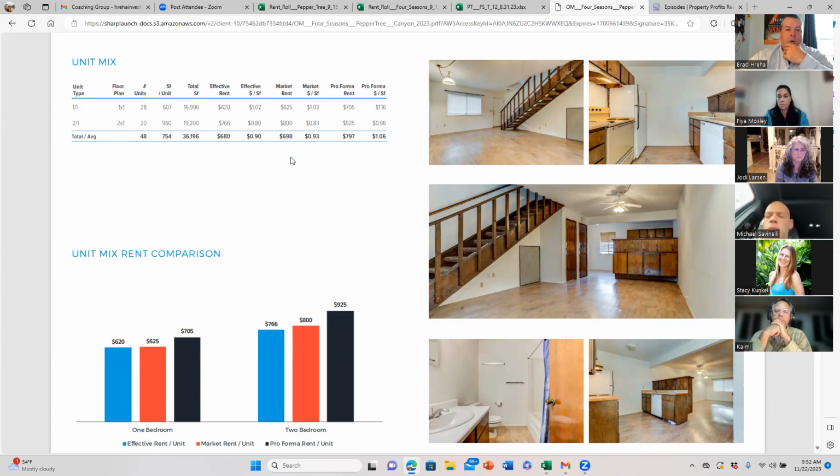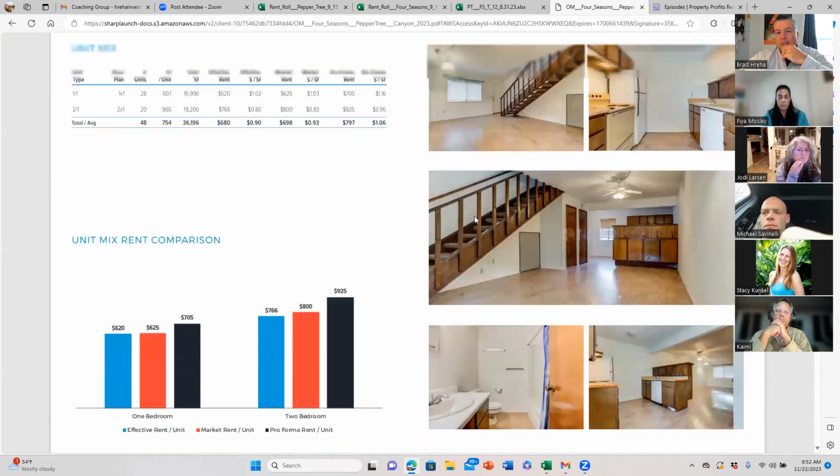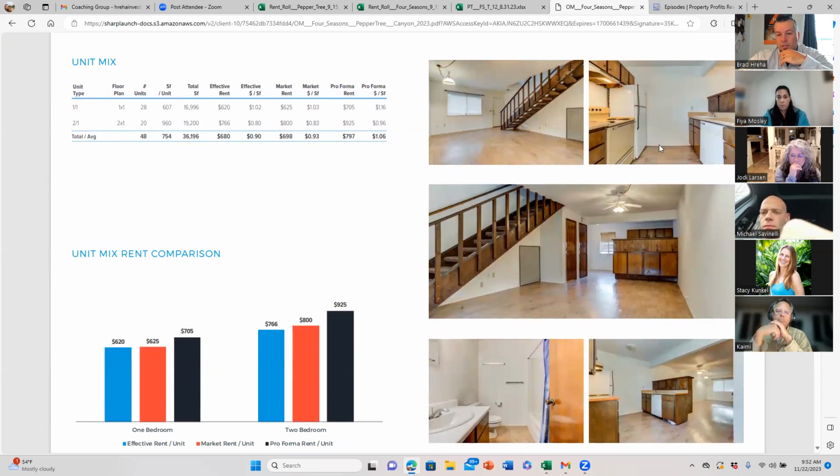I mean, effective rent, market rent, this is pro forma rent. So you're almost at $200. If I saw this, I'm like, okay, we're walking that line and this may be a deal. It's really going to depend on those rent comps. But I also see these pictures. This is a heavy rehab. This is not cosmetic.